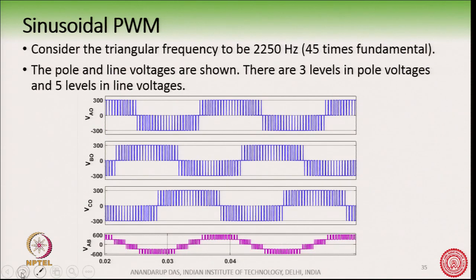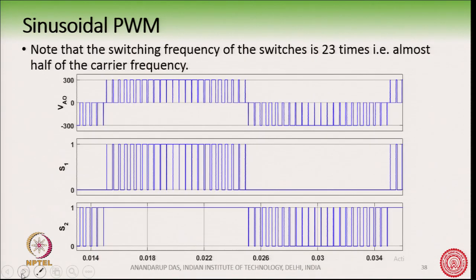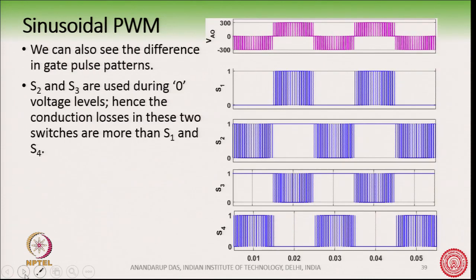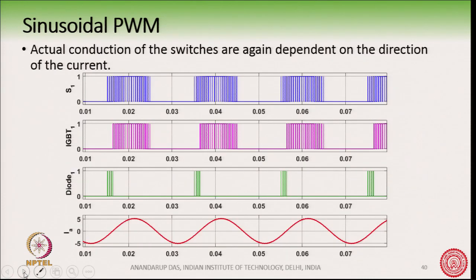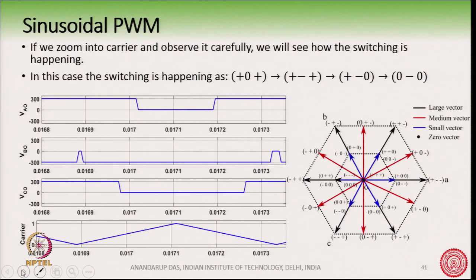So, what will we observe here? This is one carrier which I have drawn, and corresponding to that the VAO, VBO and VCO, these three pole voltages are drawn here. So, we have zoomed into one carrier. What do we observe here?